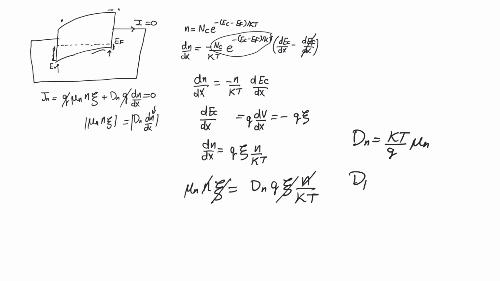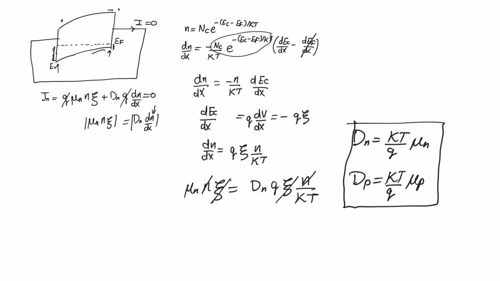Similarly, we can get a relationship for D_p and mu_p, which is D_p is equal to kT over q times mu_p. These are known as Einstein's relationships, and they show that diffusivity and mobility for electrons and holes are essentially the same thing. They're just related through a physical constant, which is kT over q, which is the thermal energy of the system, because they both represent the same thing, how easy it is for charge to flow through the material.